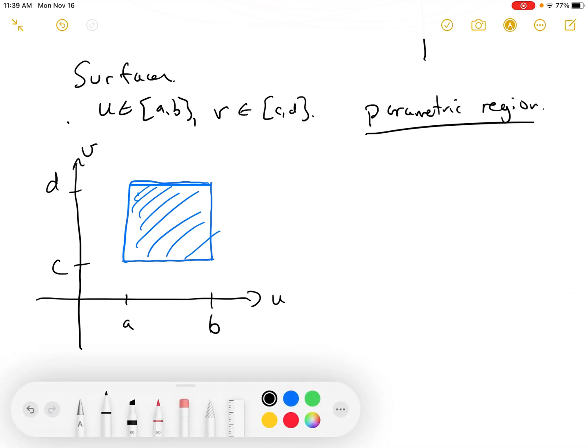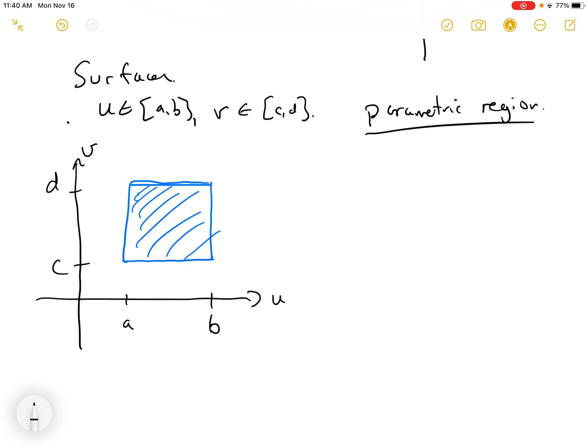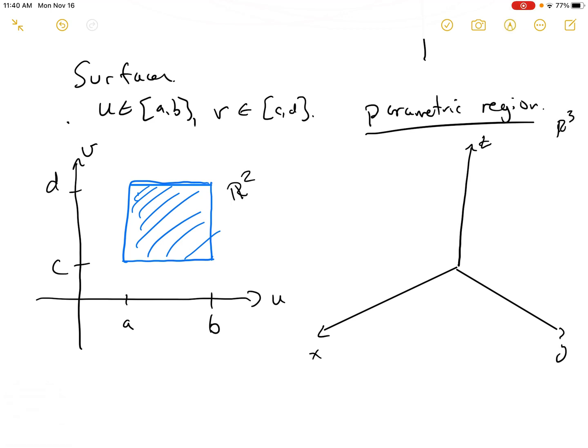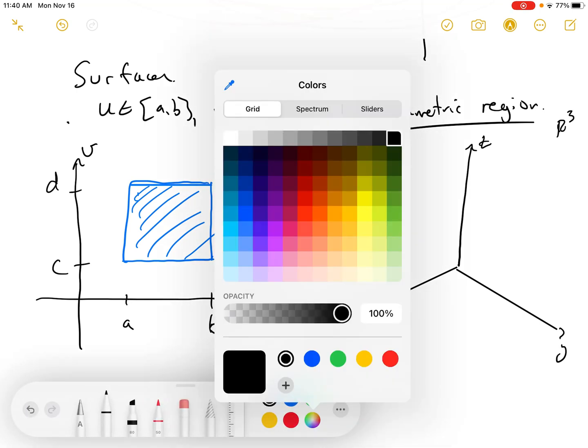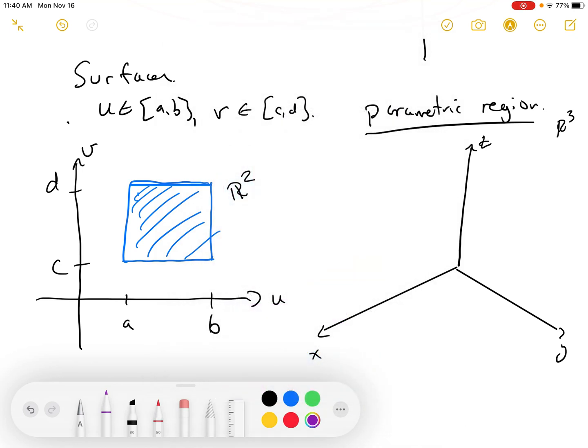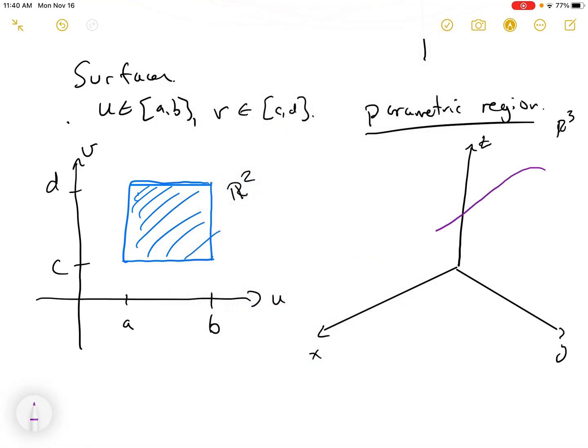Okay, this will be better. So now we have over here x, y, z, right? So over here we're in R2, over here we're in R3, and I'm going to draw a surface, and my surface is going to look like it's going to be purple, or at least the outline is. And so let's say this is my surface S.